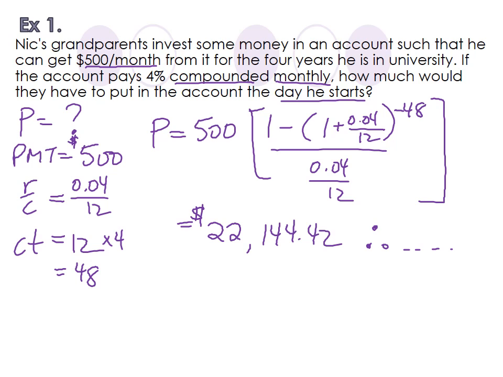So his grandparents put in 22 grand and change. Through that investment, he made up the extra roughly $2,800 that he would have withdrawn. So if that number, present value, ends up being more, then you probably made a mistake, because we're not dealing with investments that have losses associated with them.